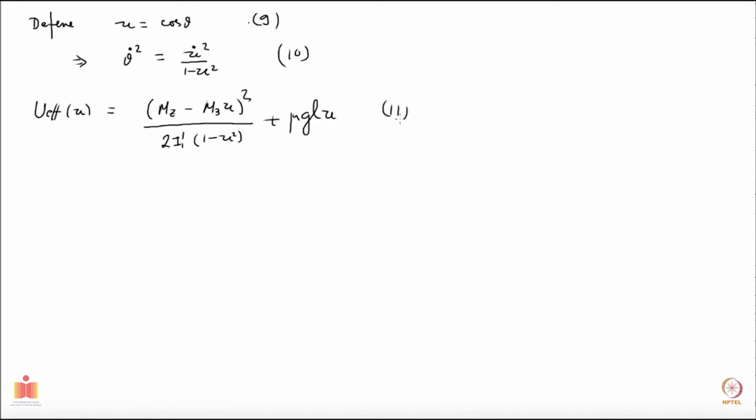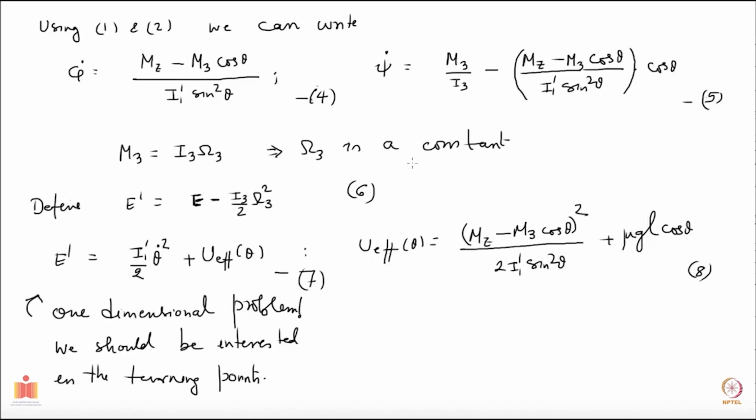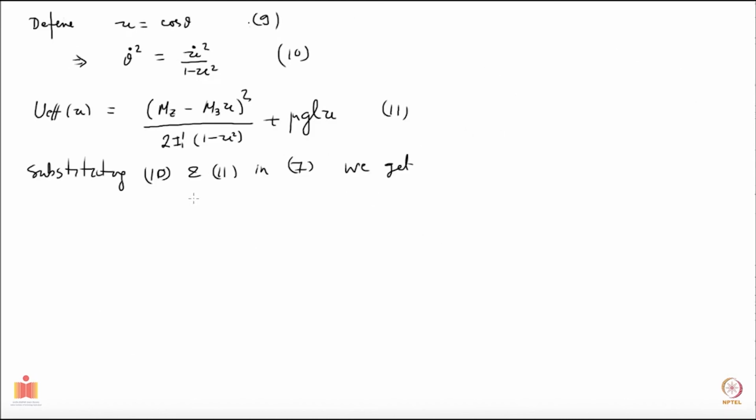Okay, so what do I get? Substituting 10 and 11 in 7, what do I get? Let's go back. So you get the following: E prime times 1 minus u square.